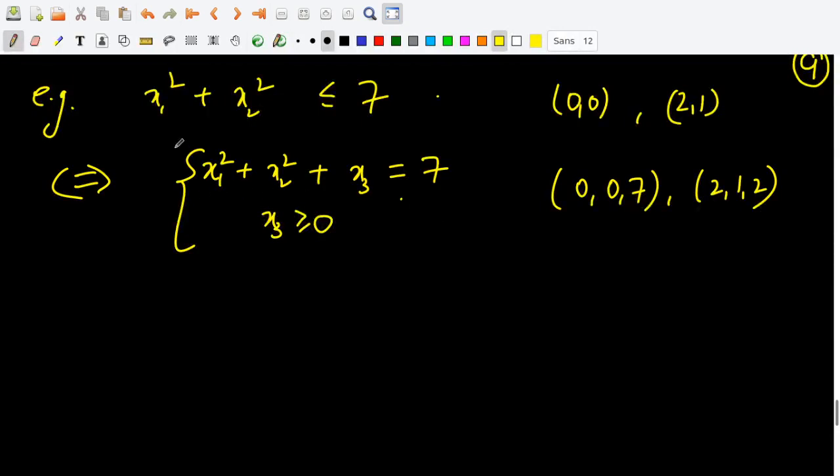So these constraints are equivalent, and if I optimize my function over this set, I will get the same solution as if I were to optimize my function over this set. At least the value of the optimization problem will come out to be the same.